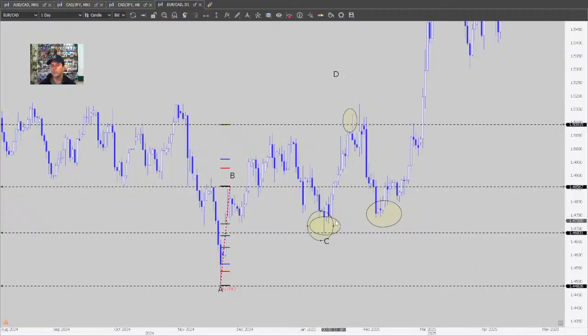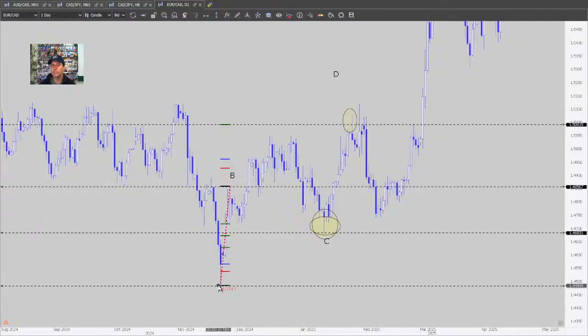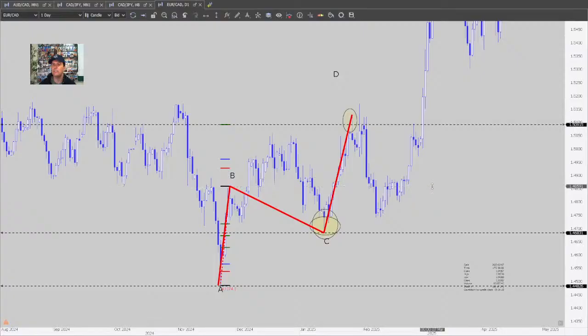Isn't the second circle the lowest point inside the AB boundary before the market hits the appropriate extension? A to B, B to C, C to D. That's why we practice, right?